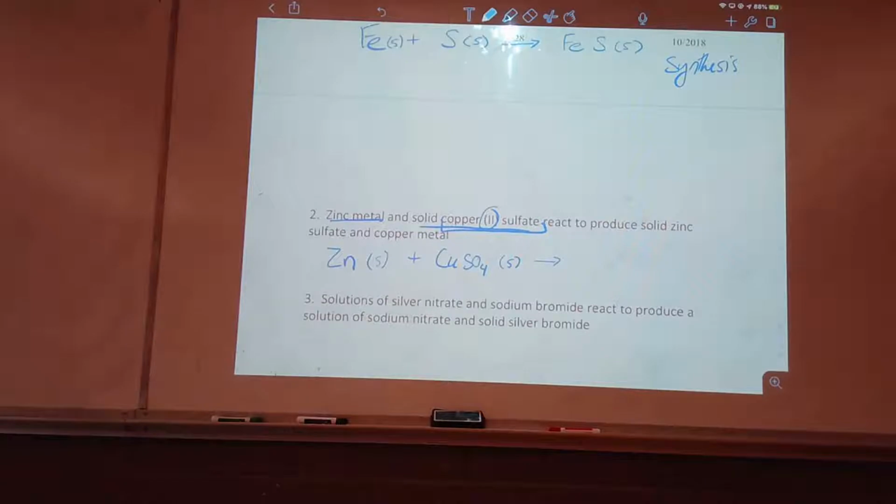What's the charge on zinc on the back of your page? Also a 2 plus ion. So 2 plus. And sulfate we know already is SO4 2 minus. So what would the formula be? ZnSO4. Just bring them together because they're equal and opposite.